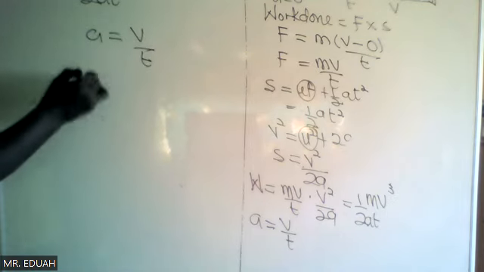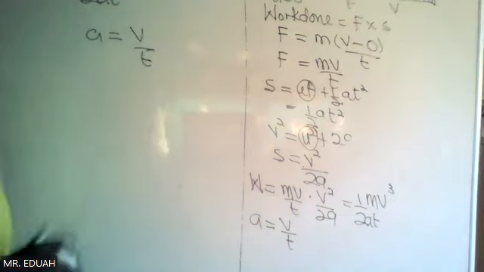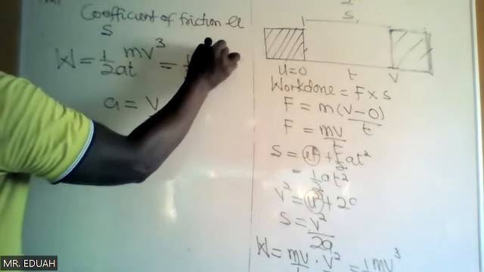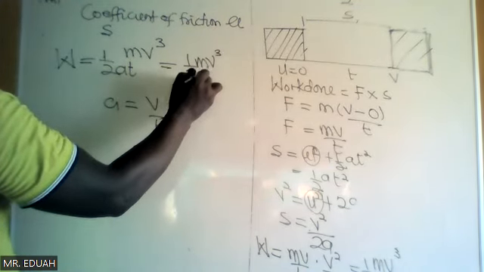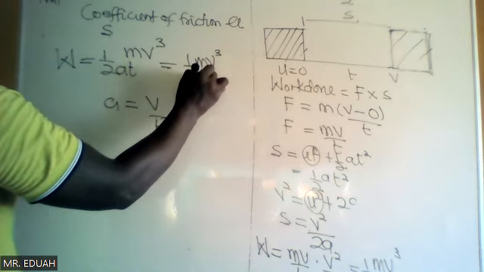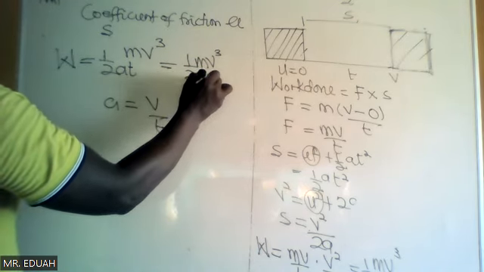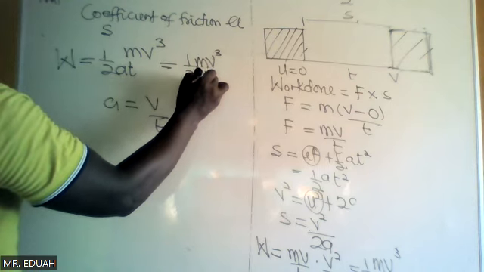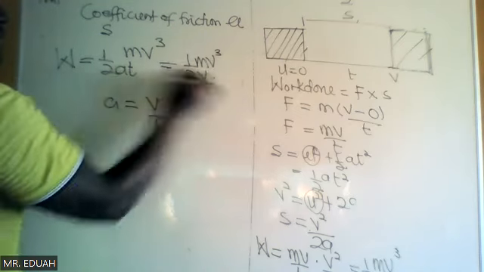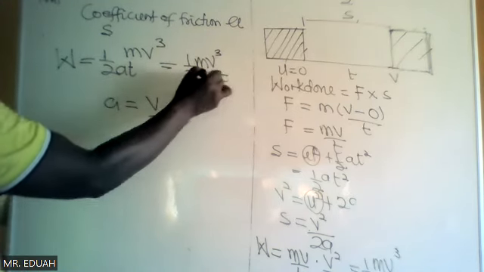So when we substitute into this equation, we have half mv cube, a is v on t, times t.